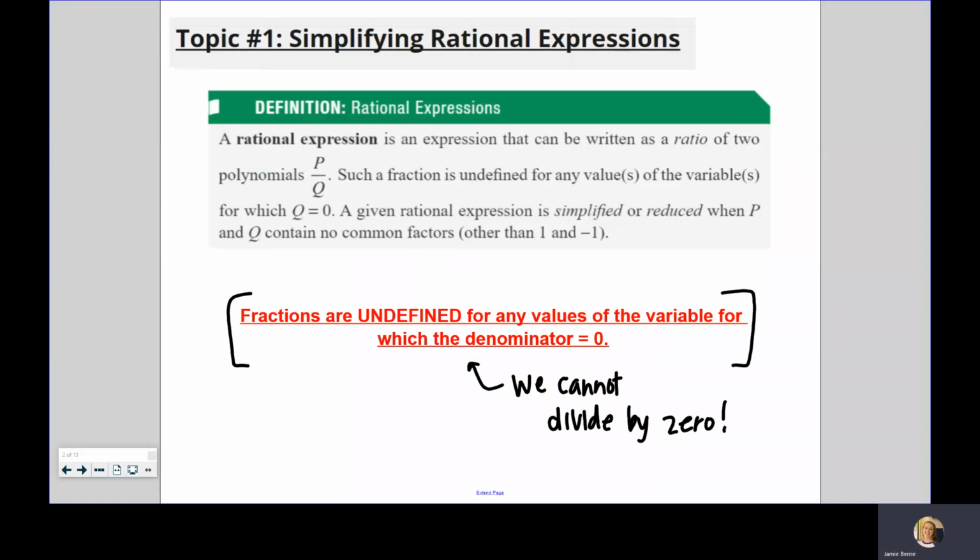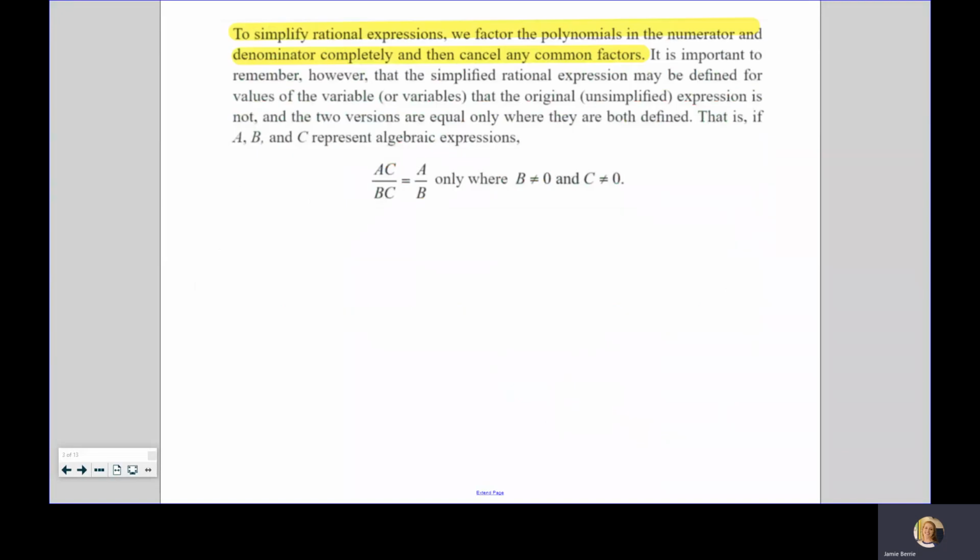Okay, so talking a little bit more about simplifying, the most important part up here is what I have highlighted. It says, to simplify rational expressions, we just factor the polynomials that are in the numerator and denominator completely and then cancel any common factors. All right, and then it also says here, it's important to remember that the simplified rational expression may be defined for values of the variable that the original unsimplified expression is not, and the two versions are only equal where they are both defined.